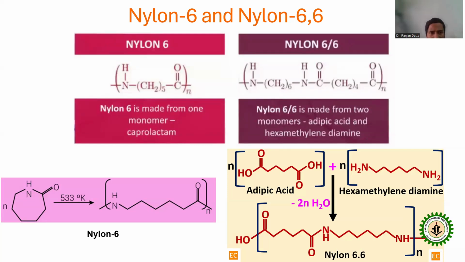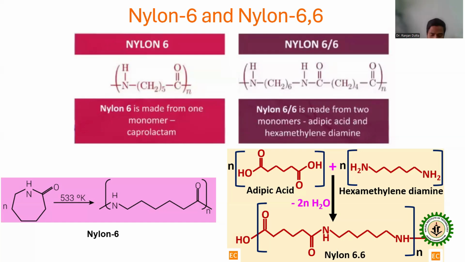Now, nylon 6 and nylon 66. They are polyamide polymers because they contain amide functionality, which is NHCO. And as you can see, they are prepared by the condensation polymerization method.